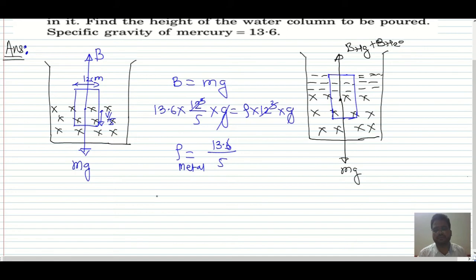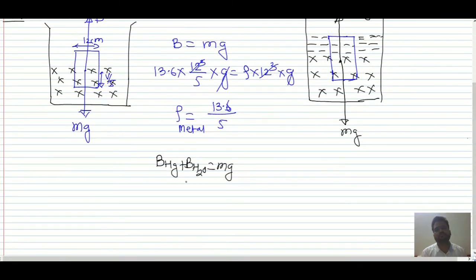So we can write buoyant force due to mercury plus buoyant force due to water must be equal to mg. तो यहाँ से आप देख सकते हो density of the mercury is 13.6 into volume displaced in mercury.